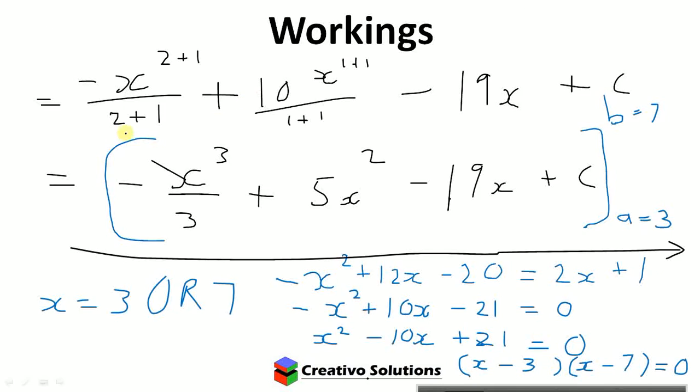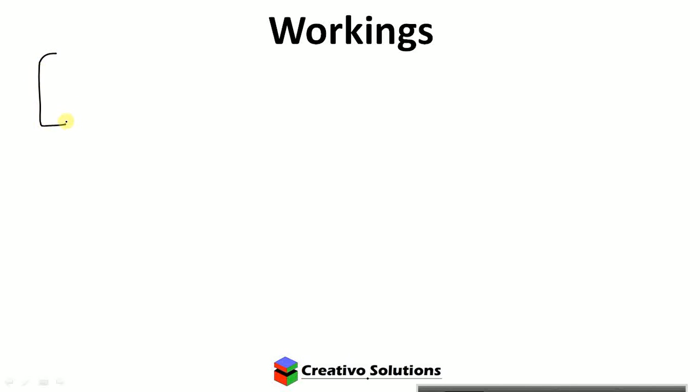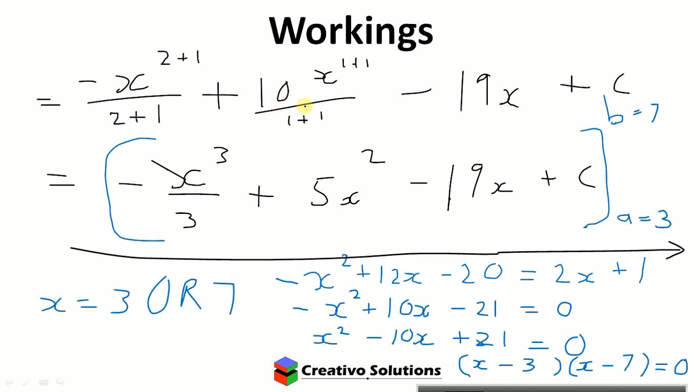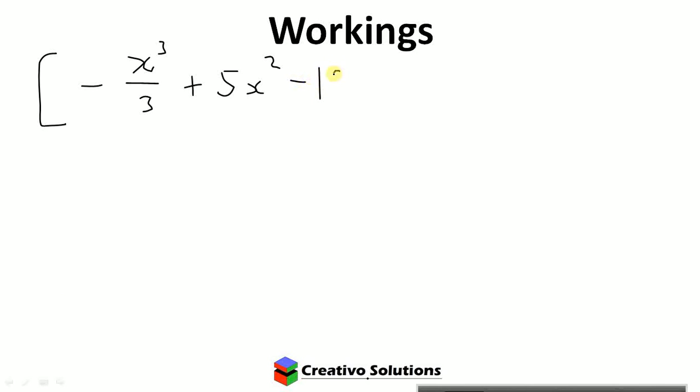Let's show that working. Let's write it down again. Minus x to the 3 over 3, plus 5x squared, minus 19x, plus c, from 3 to 7.